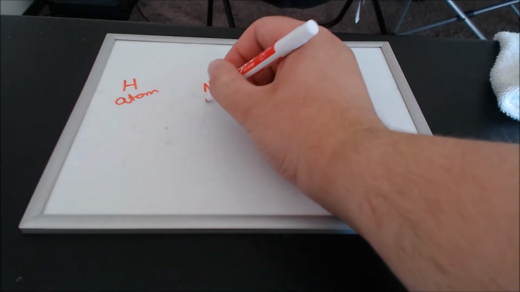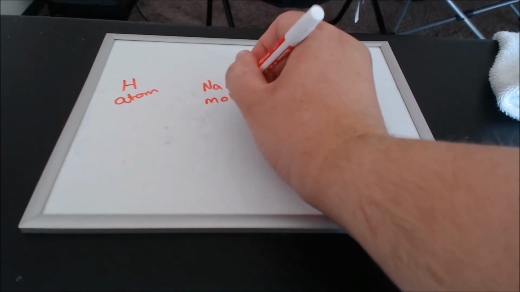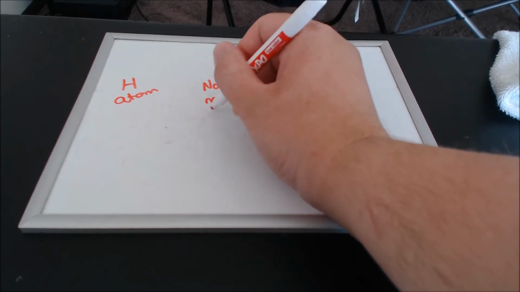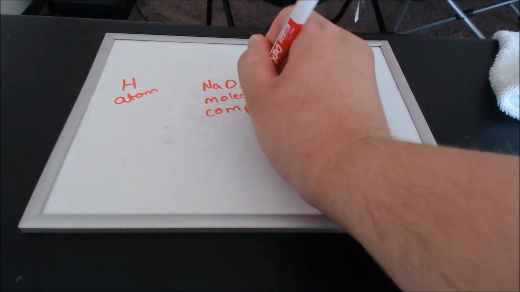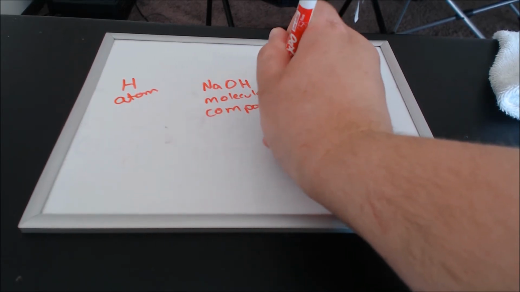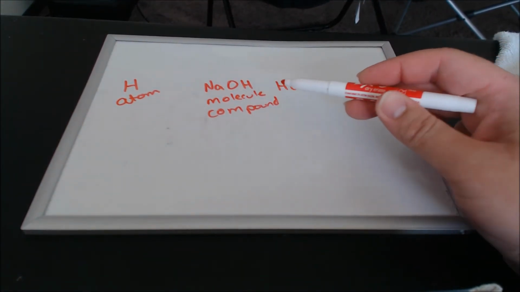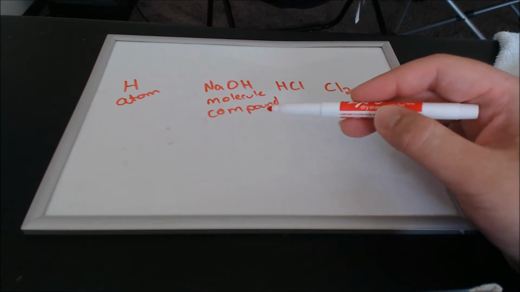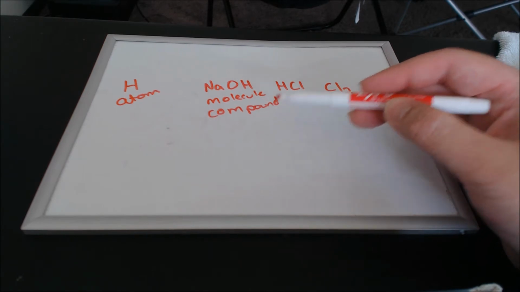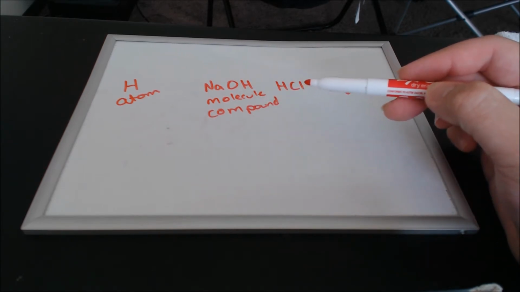So in this case, it can be either a molecule or a compound. Now, more specifically, this is a compound. So if you saw that on an exam and those are both choices, compound would be the better choice to go.